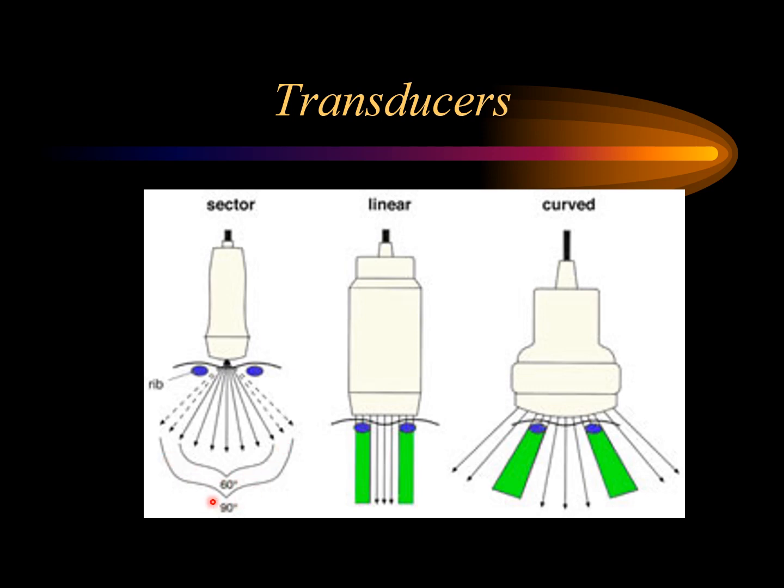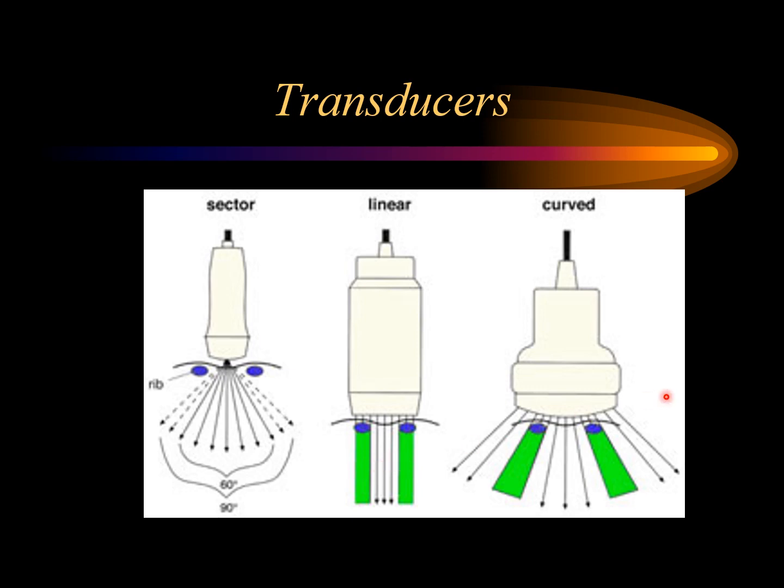structures deeper to that. With the linear probe, as you can see, the face of the transducer is bigger. So if we were to try to scan in the same area, we would be hitting the ribs and getting rib shadows through each side of our image and really only seeing this middle section.